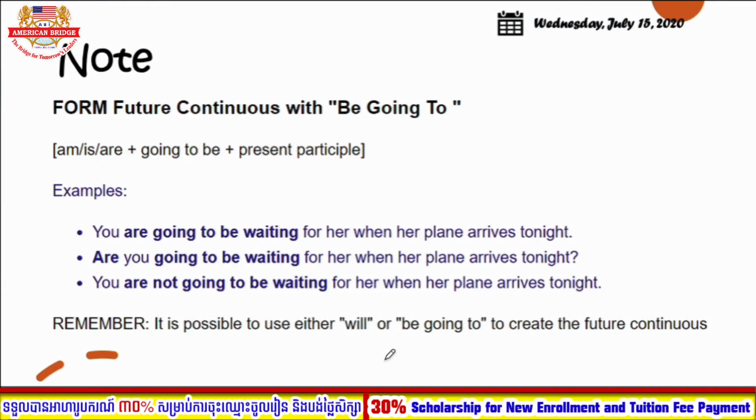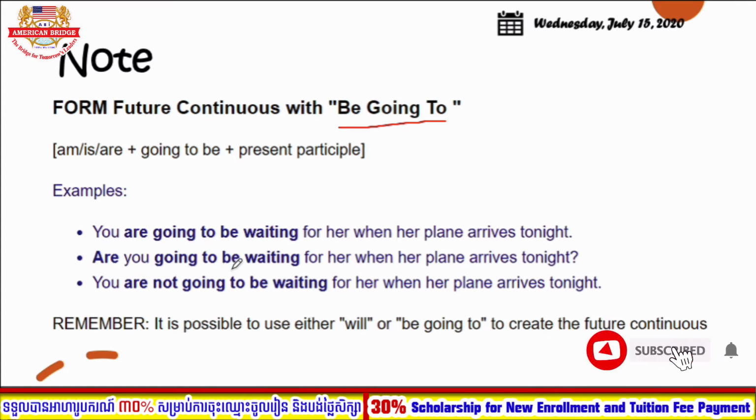As you can see here, we use will be doing something to talk about the future, but in terms of the form of future continuous, we can also use be going to plus be verb ing in order to talk about future continuous as well. So here are the examples. You are going to be waiting for her when her plane arrives tonight, which has the same meaning.